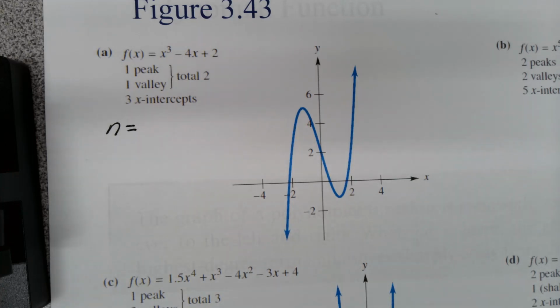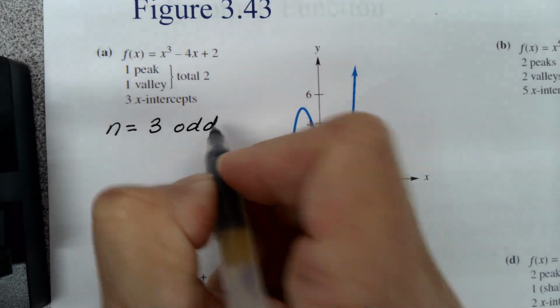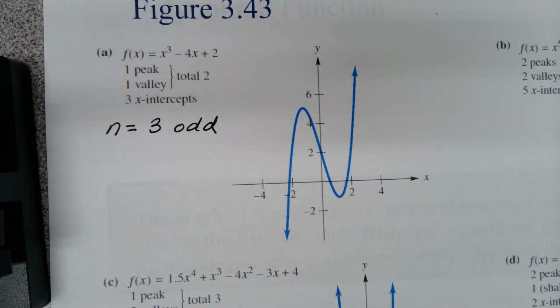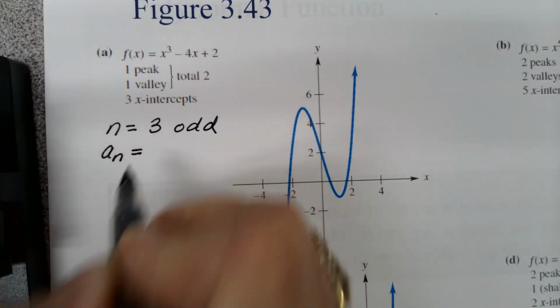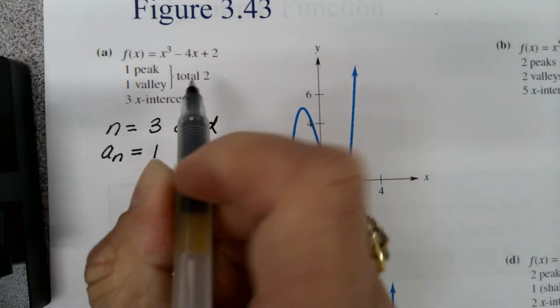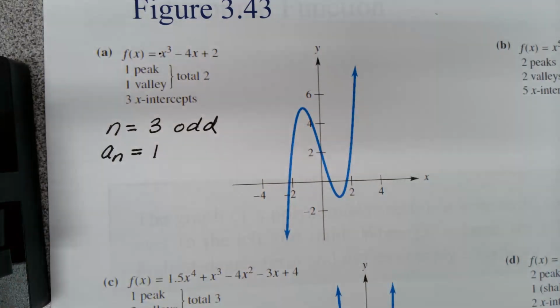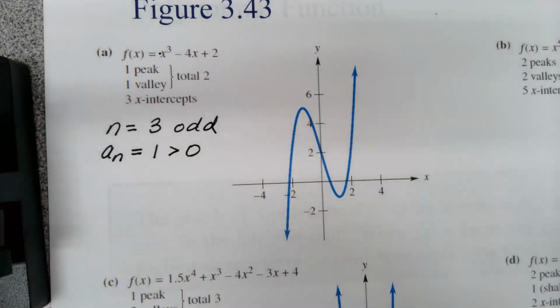What is it for this one? It's 3. We need to know whether that's even or odd, and it's odd. What is my leading coefficient? The number in front of x cubed. It's 1. Remember, it's that implied value right in front of the x cubed. 1 is positive.